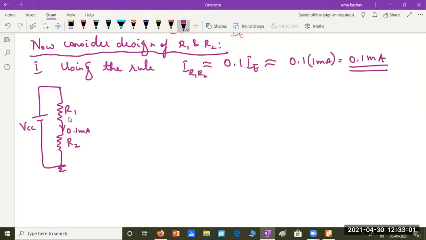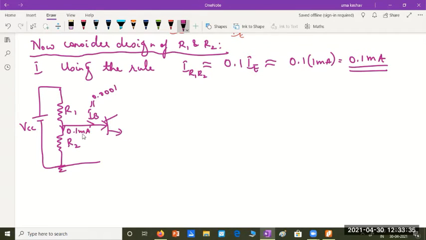VCC. We have connected the voltage across this divider is nothing but VCC. Later on we simplified this, and this part goes to the base of the circuit. Ideally speaking, a very small base current will branch out here. So if I have 0.1 here, here I should have 0.1 minus IB. But since IB is 1 by 1000th of this current, if this current is 0.1, this current will be approximately 0.0001 or something like that.